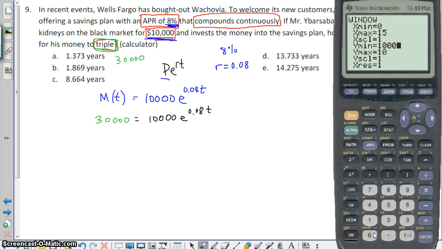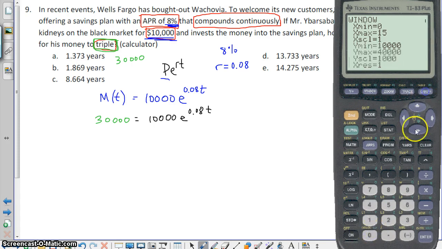But since I want it to reach 30,000 and maybe see above it a little bit, I'm going to increase this to 40,000. And let's increment this by 1,000.